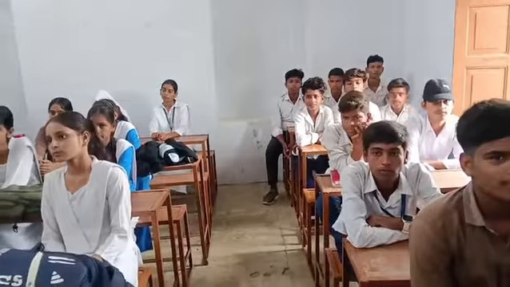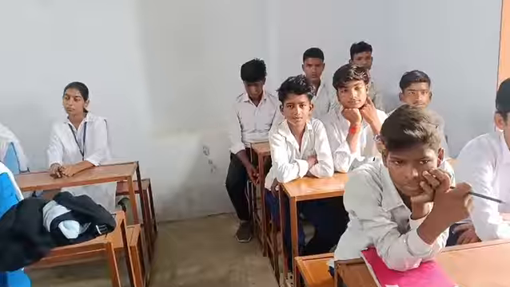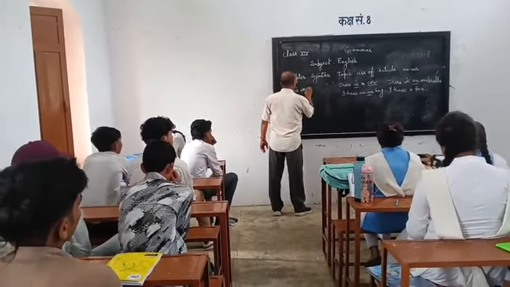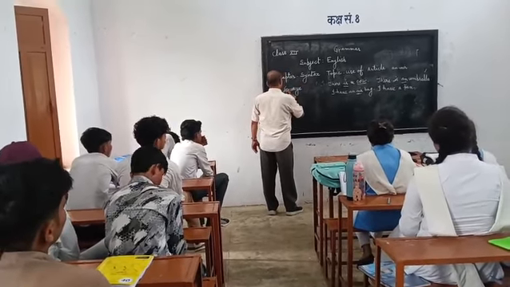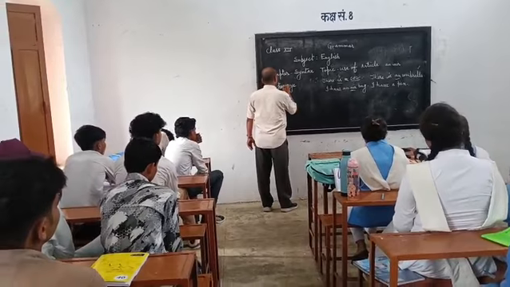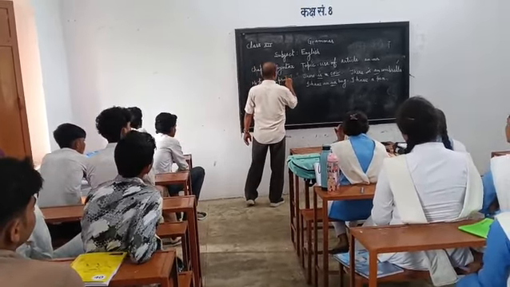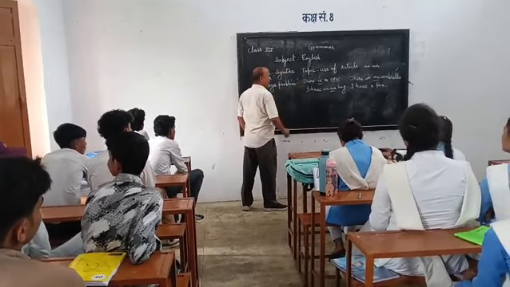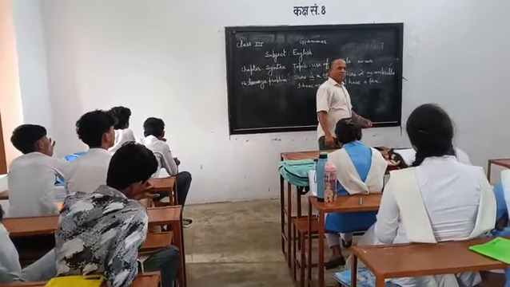Understood it? The next example, A, U, E, I. He has an eye problem. He has an eye problem. Eye problem.